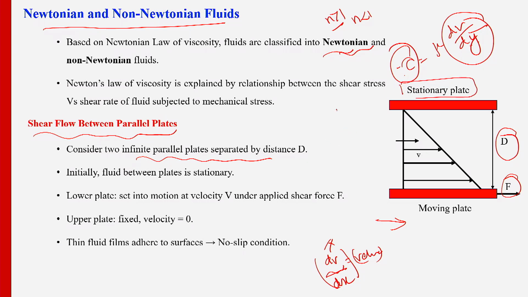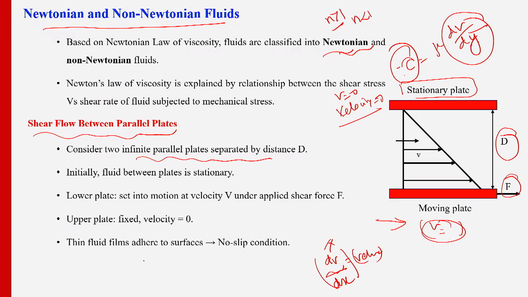the velocity is 0, v equal to 0, that means it is not moving actually. Since the lower plate is moving, definitely some amount of velocity will be there, but at the top the velocity is 0. The plate is fixed here.